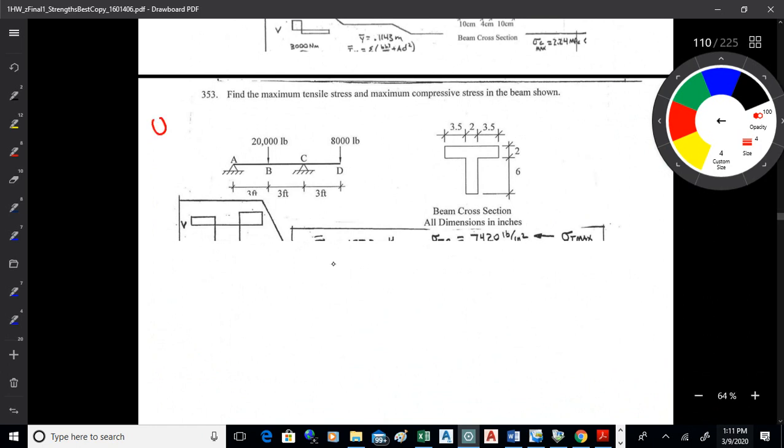All right, now there's a formula that we use, and the formula looks like that. So to get this thing figured out, you got to find M, C, and I. Okay, M is from the moment diagram. C is from the centroid, which basically is the neutral axis.